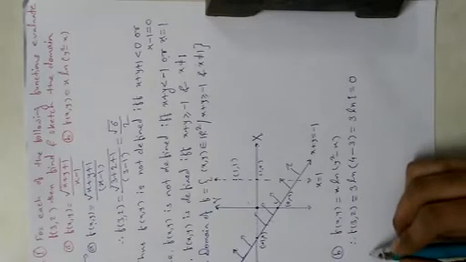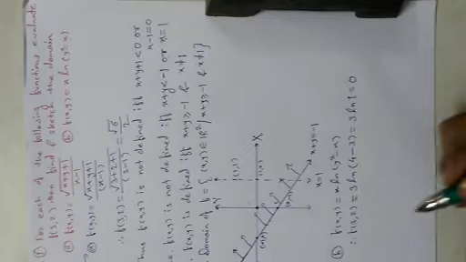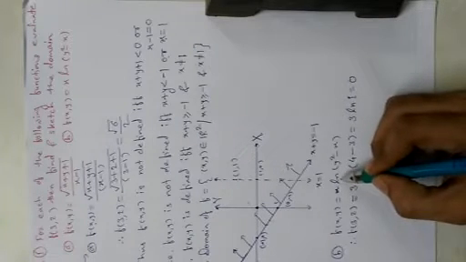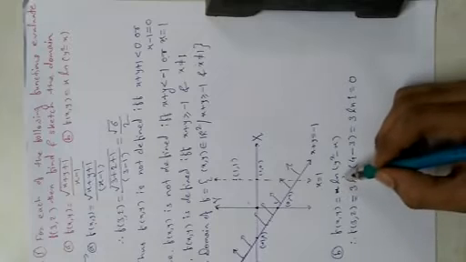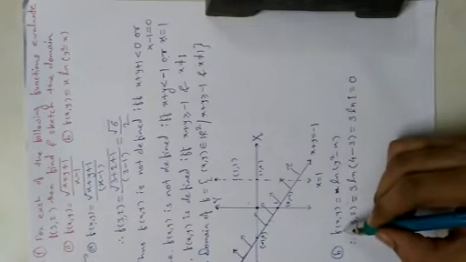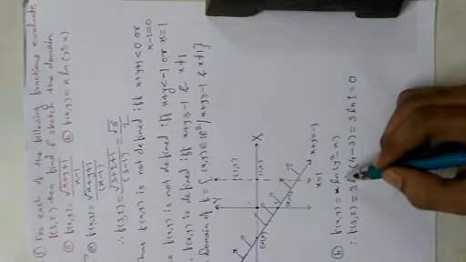Now we find the domain of f. First we have to decide for which points f is not defined. If you observe, there is a natural logarithm function in our f of x, y. Natural logarithm is defined only for positive numbers.